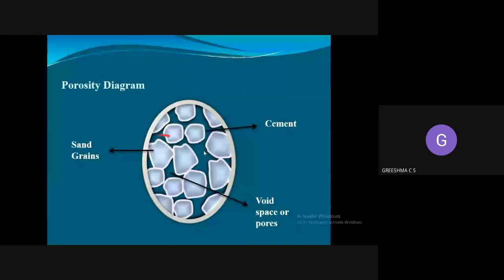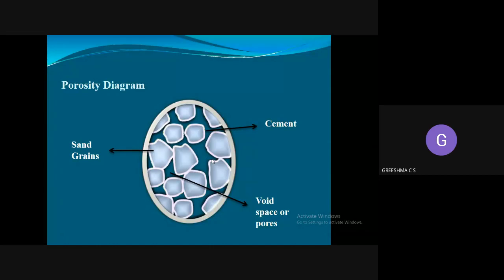You can see from this picture, this is one spheroidal particle and this is a rectangular particle. When these two particles come together, you can see a void space is created in between.